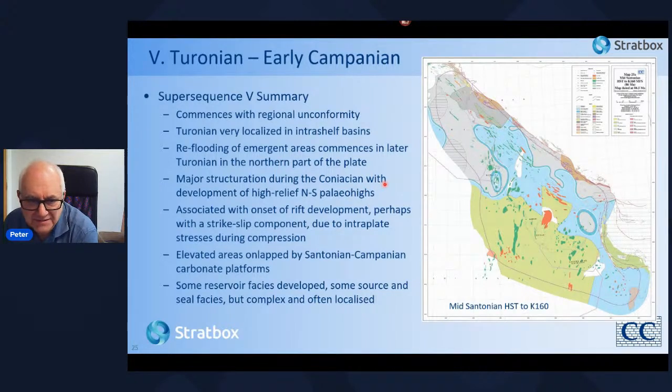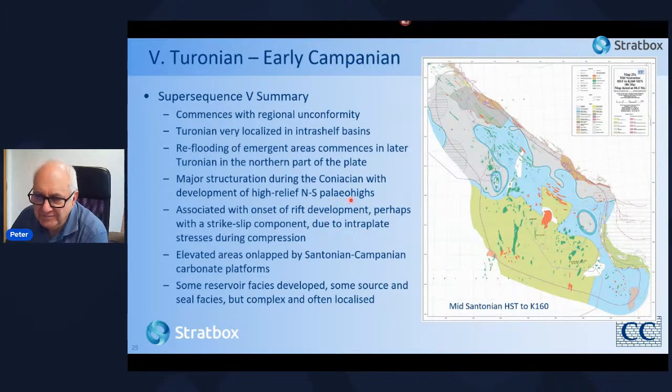And there seems to be evidence of major structuration during the Coniacian, with the development of major high relief north-south paleo highs. And then we have the onset of rift development, possibly with a strike slip component due to changing intraplate stresses during the onset of compression.